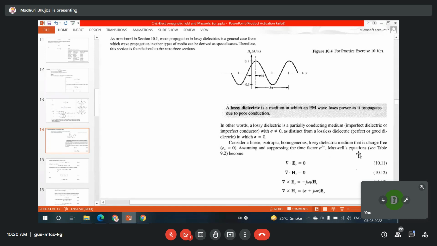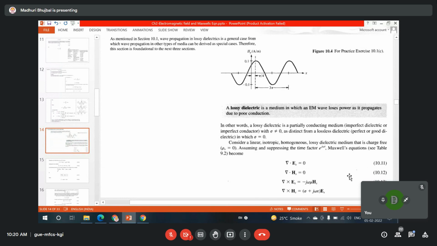So Maxwell's equations become, write down these four equations: 10.11, 10.12, 10.13 and 10.14. So we'll stop it here. Write down these four equations.